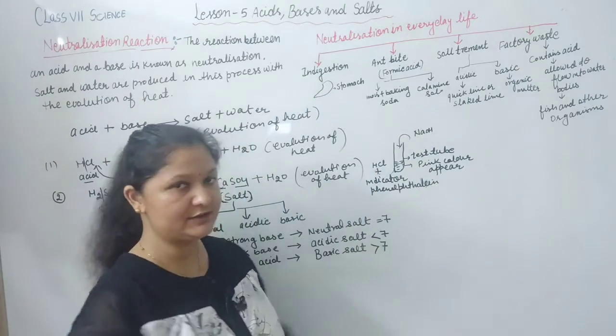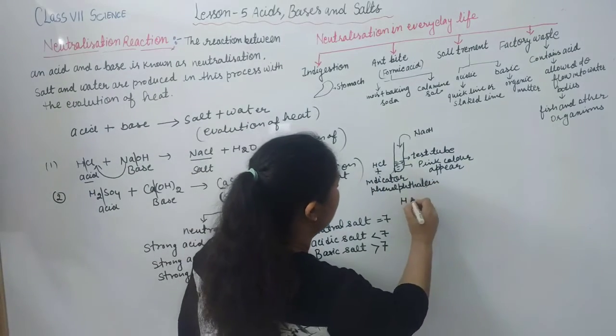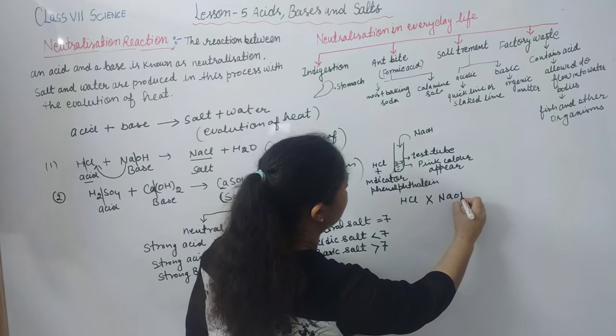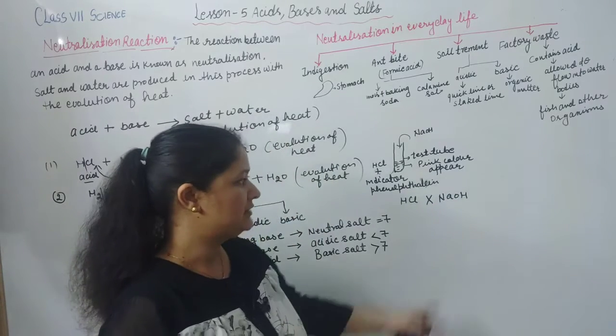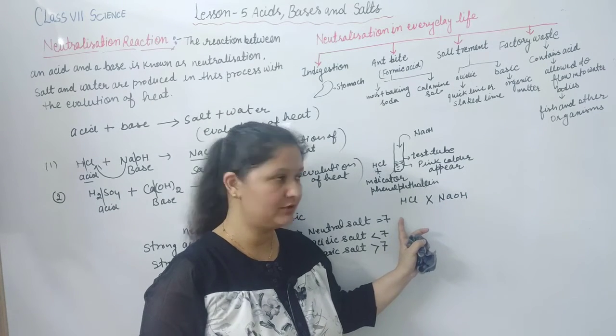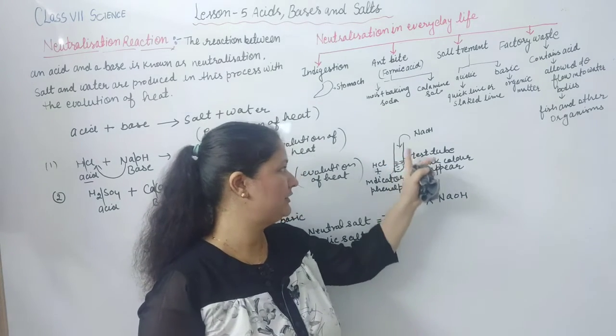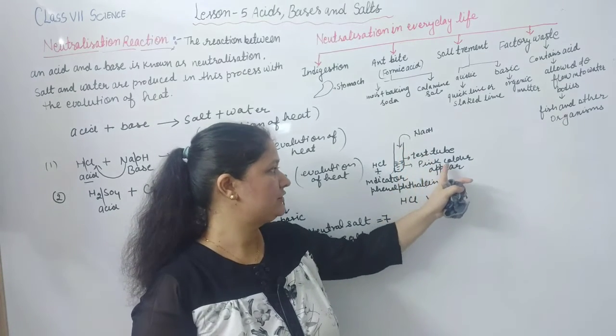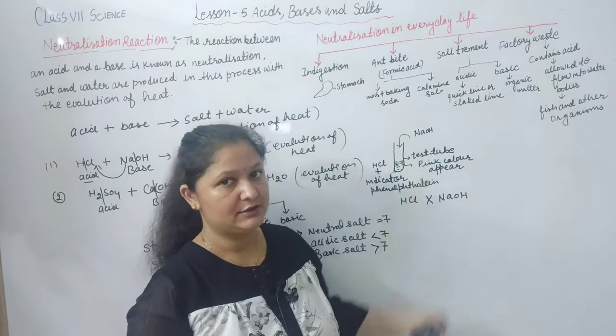Right, and during this neutralization reaction, this hydrochloric acid cancels the basic nature of sodium hydroxide, and sodium hydroxide cancels the acidic nature of hydrochloric acid, and the solution will become neutral. After adding 1 extra drop, the solution appears pink in color.